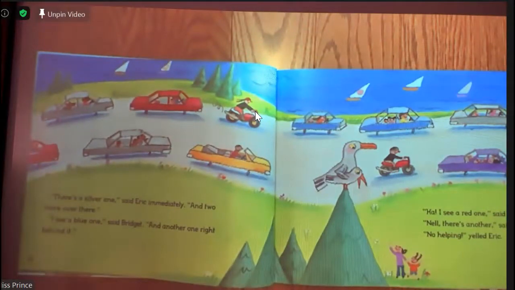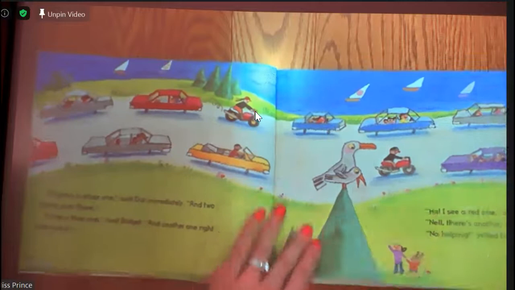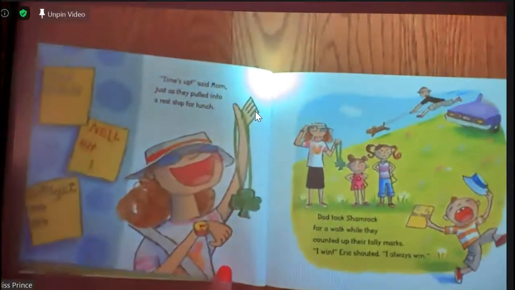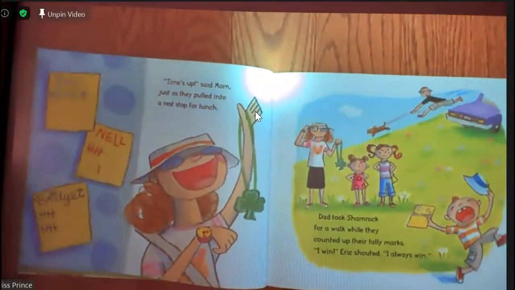There's a silver one, said Eric immediately, and 2 more there. I see a blue one, said Bridget, and another one right behind. Ha, I see a red one, said Nell. No, there's another, said Dad. No helping, yelled Eric. Time's up, said Mom, just as they pulled into the rest stop for lunch.